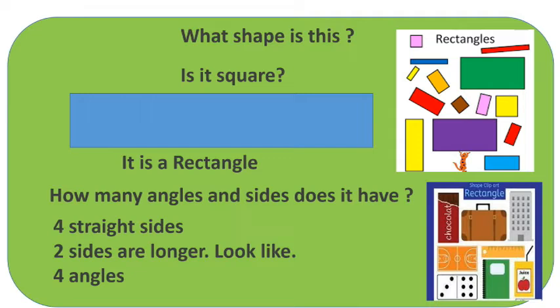Four. Four sides and four angles. Two sides are long and other two sides are short. It looks like a door, chocolate, blackboard, like that.